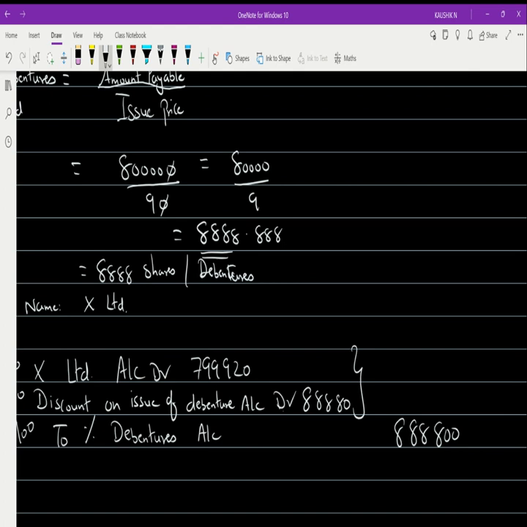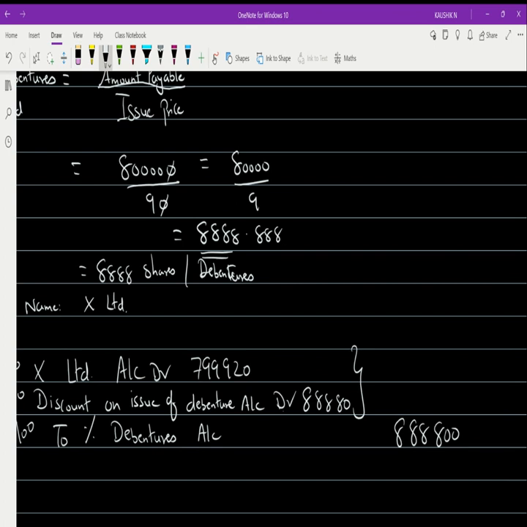Okay. So look at this. The amount I settled to the vendor is 8,88,800, but with a discount of 88,880. So you have to do the calculations when it comes to decimals. A proper calculation is very important. You are not supposed to round up. You have to calculate with 8,888. Is it clear to you? But look, in the settlement part, you have done only to the extent of 7,99,920.